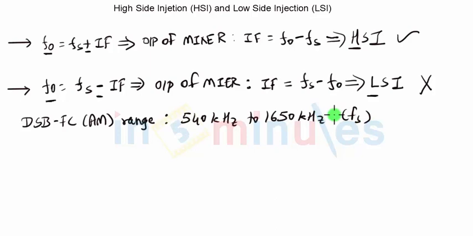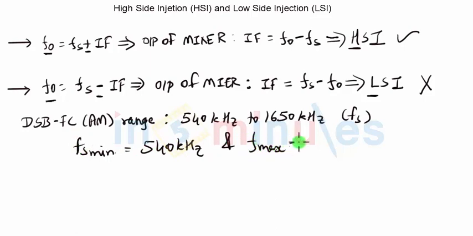Now this gives rise to the range over which the local oscillator should generate its frequency. In simple words, I can write that Fs minimum is equal to 540 kilohertz and Fs max is equal to 1650 kilohertz, which means Fo will also have its minimum and maximum values in both the cases.